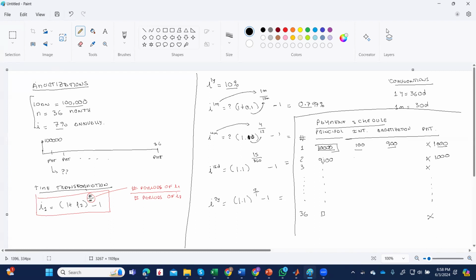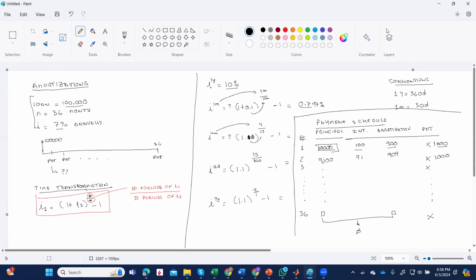So my payment is also 1,000. Imagine, but now my interest is going to decrease because my interests are now based on this number. So now my interests, imagine, are 91. So I have 909 that goes to principal, etc. And this is the amortization table. So at the end of the day, guys, this number here must be equal to this number here because they need to net up to 0.